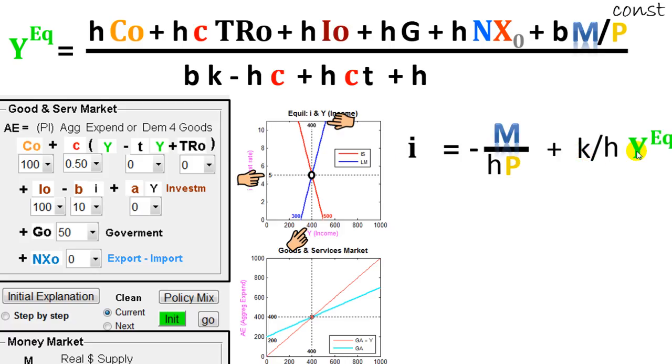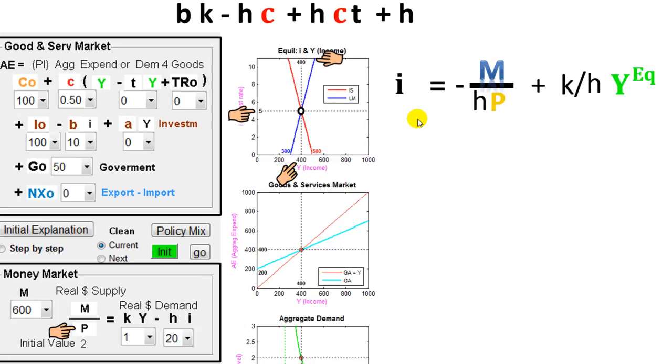I use income in equilibrium 400, and then doing the math for this equal to 400, I get interest rate in equilibrium, which is 5. As this is the LM curve, you can see in the money market that you use this 600 for M, 2 for P, 1 for K, and 20 for H, and then you plug in these values and you get this number 5.